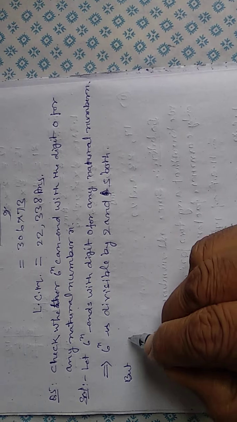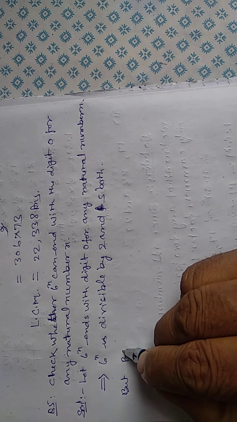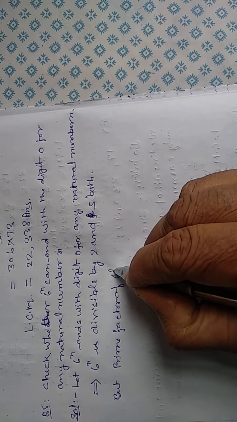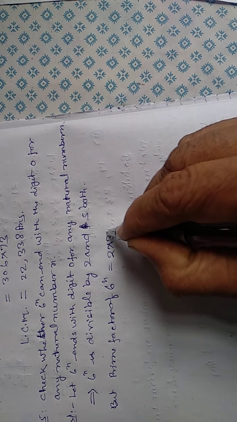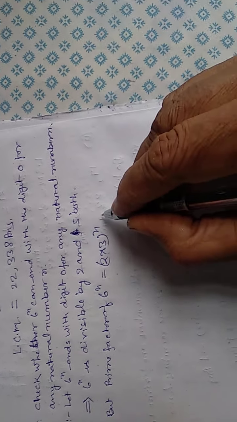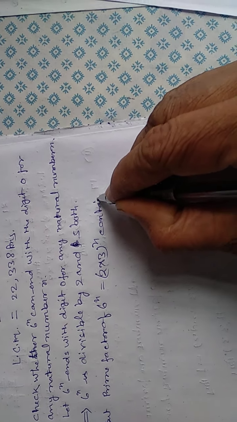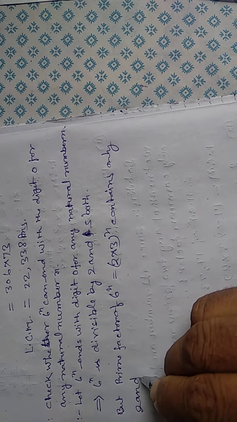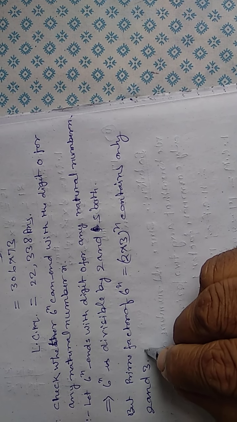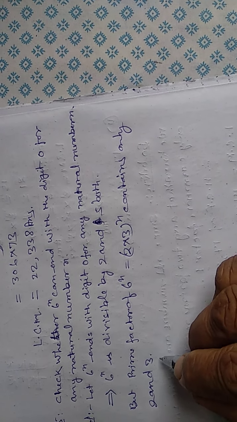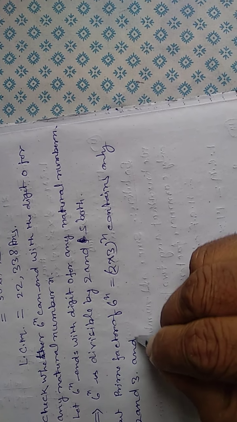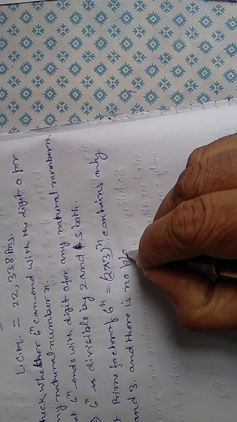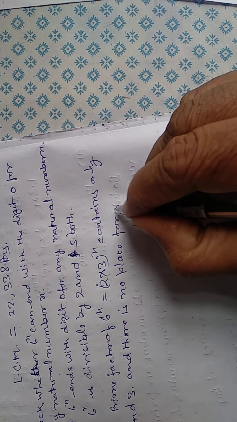But the prime factorisation of 6 power n, it is 2 into 3 power n, contains only 2 and 3, and there is no place for 5.